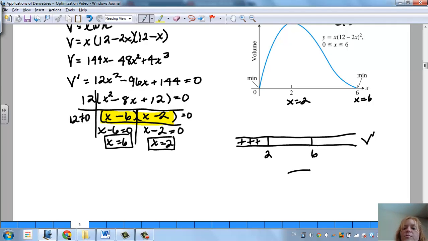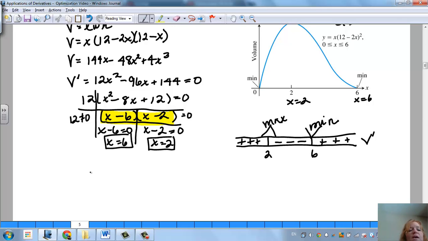If we did something between 2 and 6, let's pick 3, this would be positive, this would be negative, so this is going to be negative. Something greater than 6, this would be positive and this would also be positive. So as you see here, this is our max, this is our min, and so we are right.